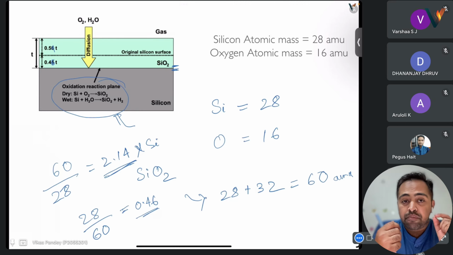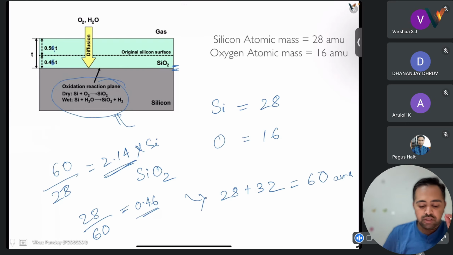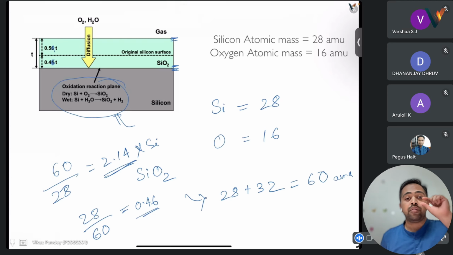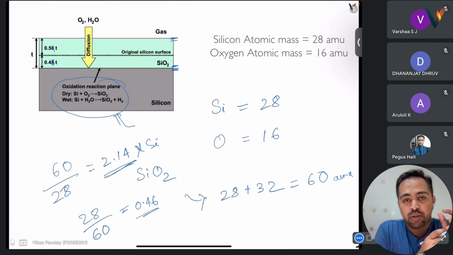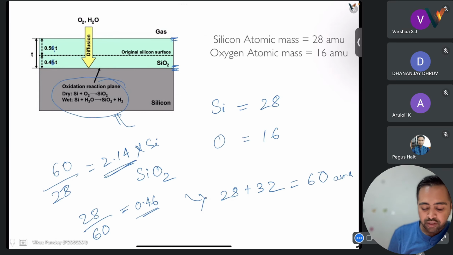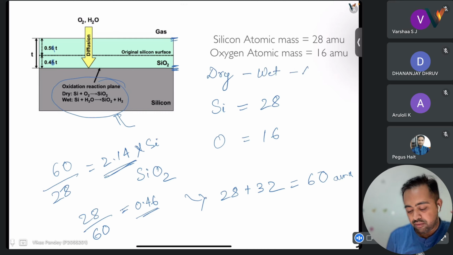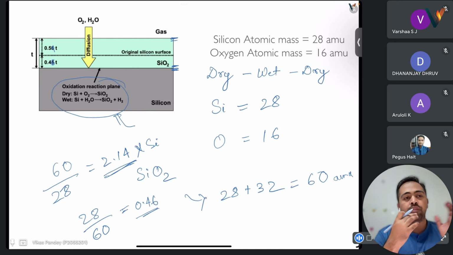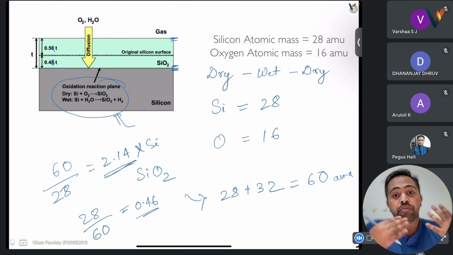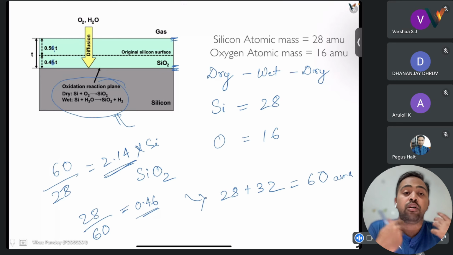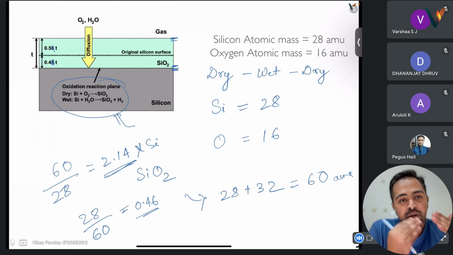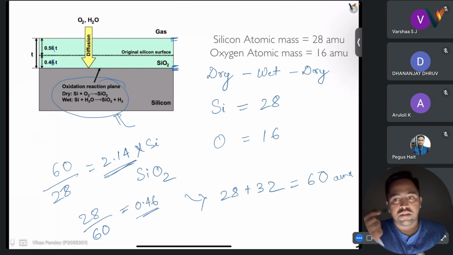But to have good quality, what we do is that on the top level and at the bottom level, we want good quality SiO2. So in general, the process is done as dry, wet, dry. Don't think that when we are talking about dry oxidation, the whole process will be dry only. When we are talking about wet, the whole process will be wet only. It's not like that. In practice, the top surface we want good, so we start with. Sorry.